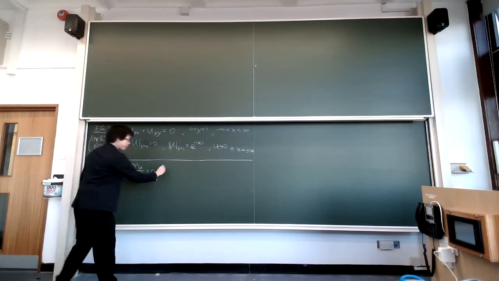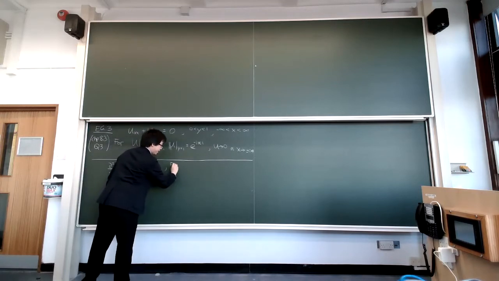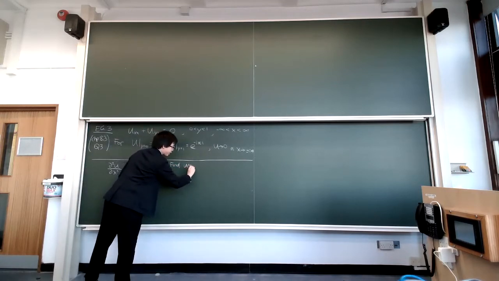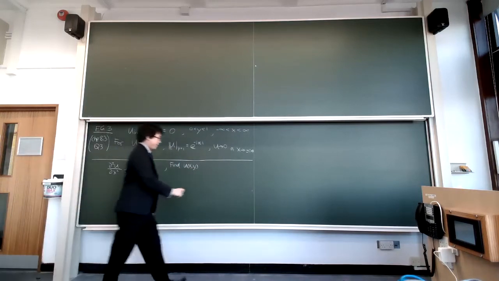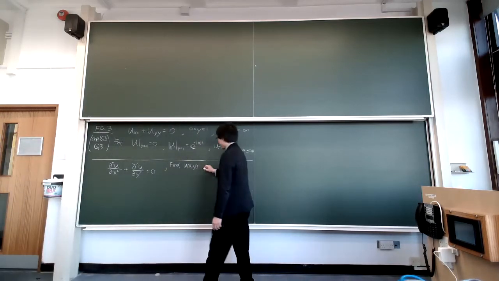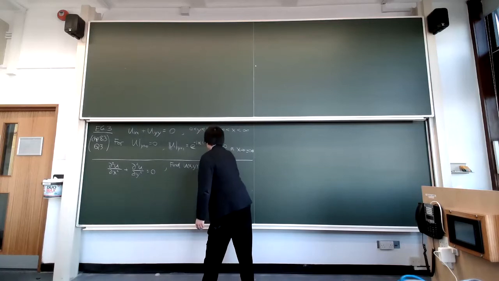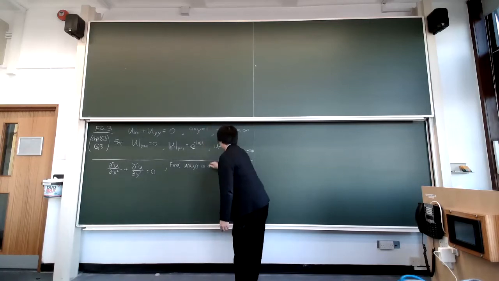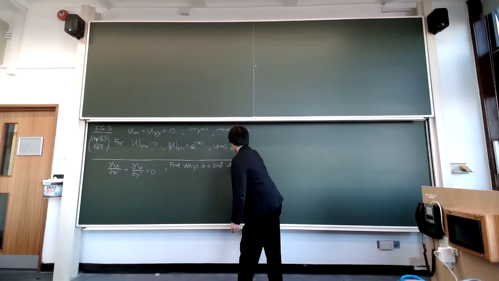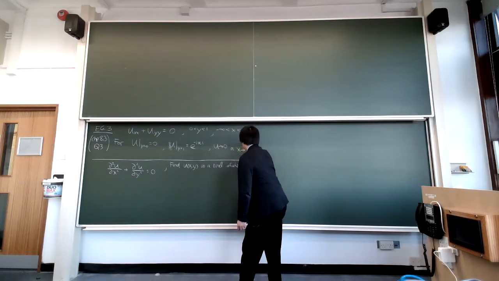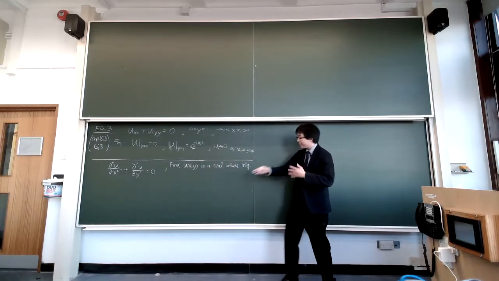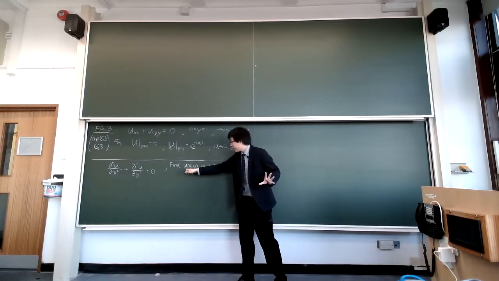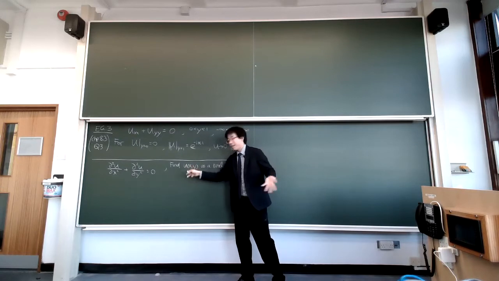So we are trying to find u of x, y, okay? And the question in your notes is a little bit more explicit. It says find u of x, y as a real infinite integral, okay? So we don't expect to find this multivariable function as a nice little function.